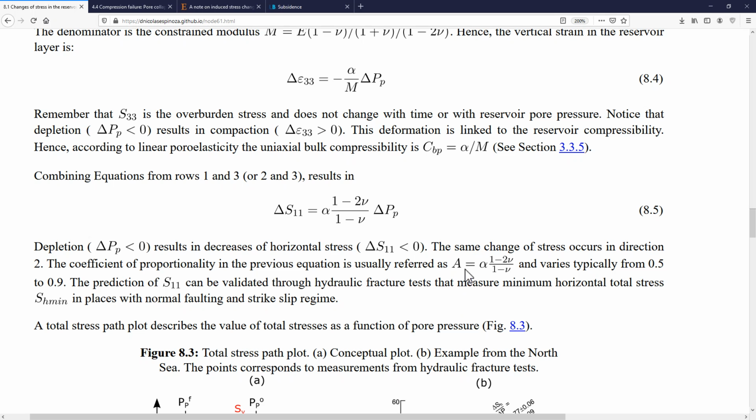That is a coefficient called coefficient A, and it typically varies from 0.5 to 0.9, and helps us understand how the total horizontal stress is going to vary with the change of pore pressure. Notice that in this case, if the pore pressure decreases, the total horizontal stress is going to decrease.